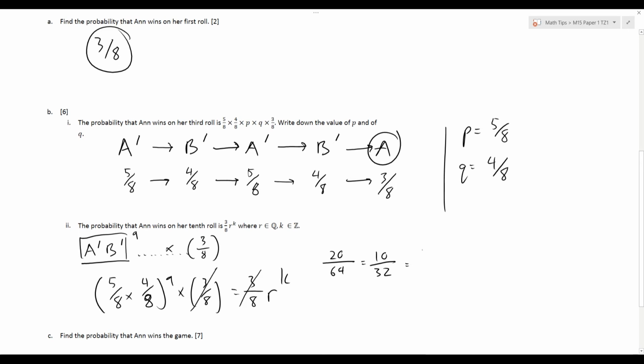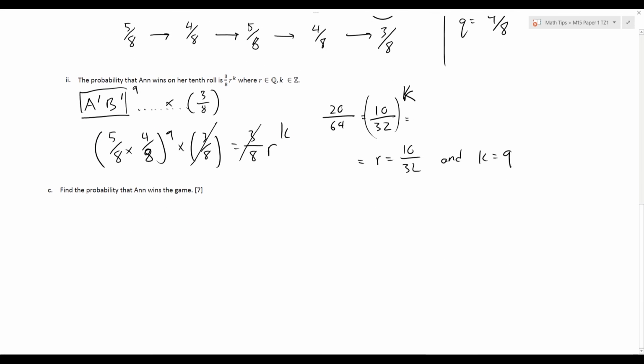Can I simplify this anymore? No, I'll just leave it as 10 over 32 or 20 over 64. It doesn't matter. And then that is to the power of k. So therefore, the answer is r equals 10 over 32 and k equals 9. That's as simple as that.